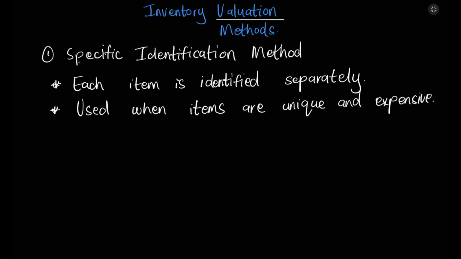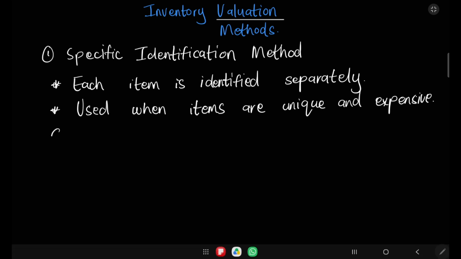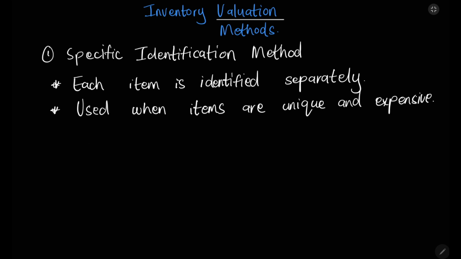Each item is identified separately, and it is used when items are unique and expensive. For example, cars, houses, jewelry, and artworks. Okay, so it's a specific identification method. It specifies different things. So that already should give you a hint of the definition, which is each item is identified separately. For example, let's use different cars.